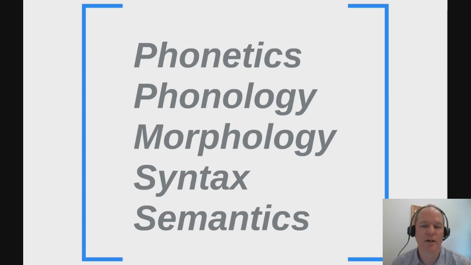The phonology, which is the use of particular sounds in a language and how they interact. Morphology is the way that sounds are assembled into words. Syntax, the use of words in sentences. And semantics, the unpacking of meaning from both words and sentences. So a very complex system.